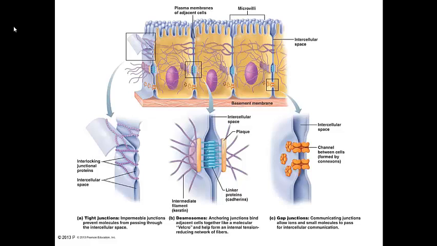It's kind of like taking a straw and poking it through the plasma membrane of two neighboring cells and allowing chemical changes to go from one cell to the next. There's a group of cells we're going to talk about when we talk about the circulatory system called autorhythmic cells, and these are going to pass a wave of chemical change through these little gap junctions.